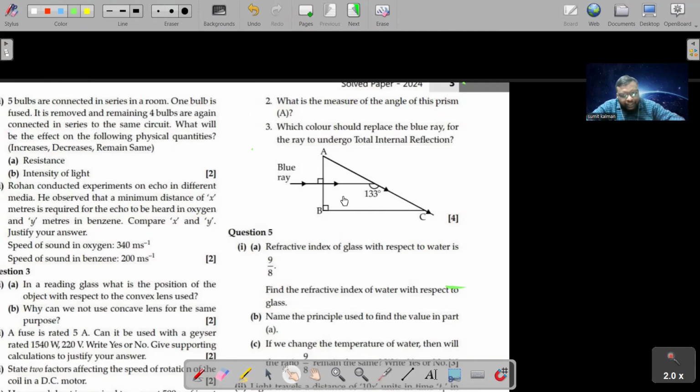But students, in the diagram, the angle here is 133 degrees. And students, this angle of 133 degrees is an exterior angle. At C, we have to calculate the interior angle.